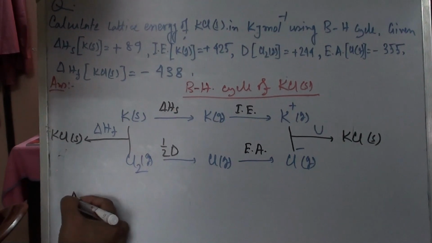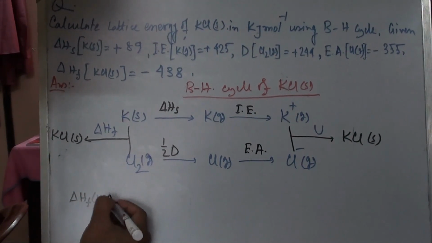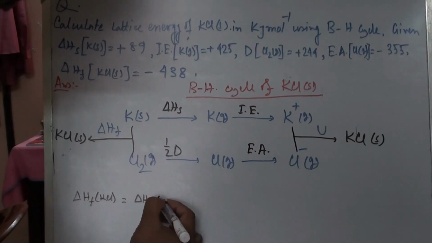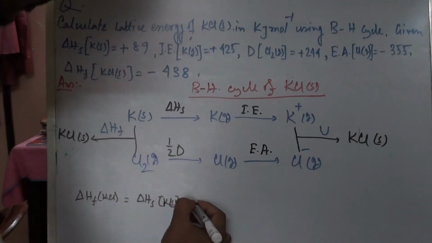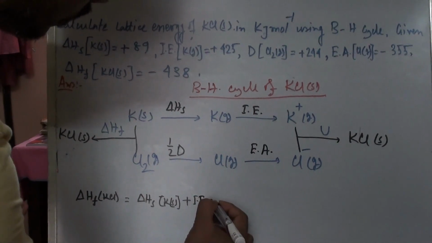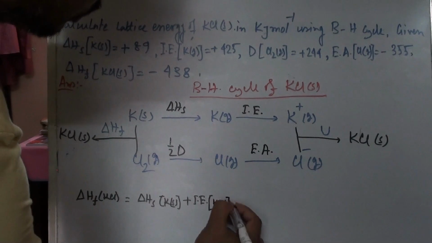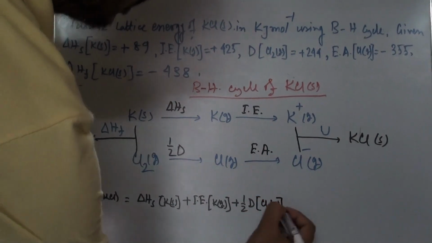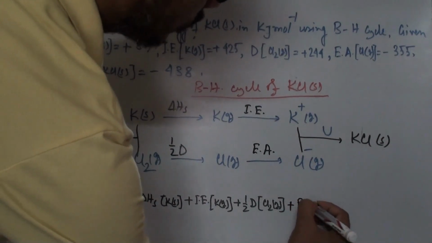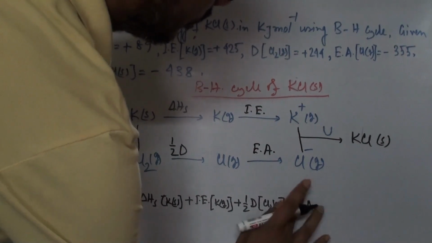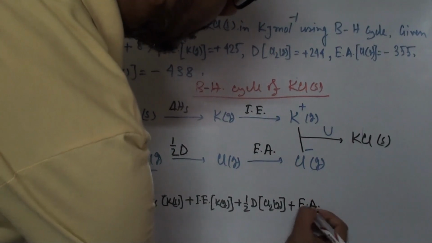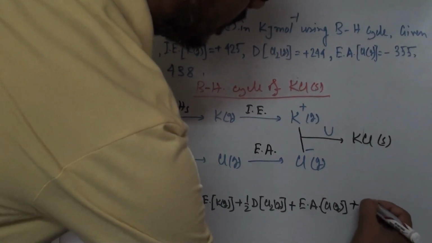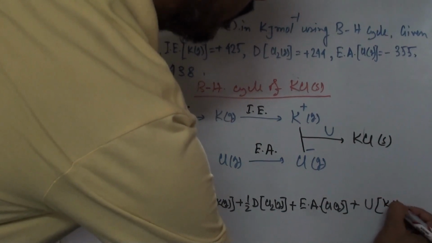So according to Hess's law, delta H formation of KCl is equal to delta H sublimation of K solid plus ionization energy of K gas plus half dissociation energy of Cl2 gas plus electron affinity of Cl gas plus U of KCl solid.